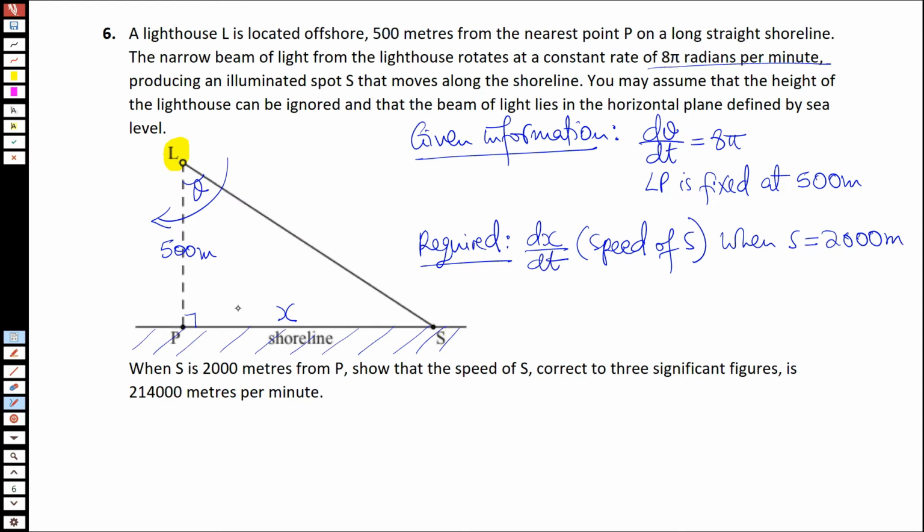So from the diagram, we can come up with a relationship, because this is a right angle triangle. Trig ratios will be more suitable.